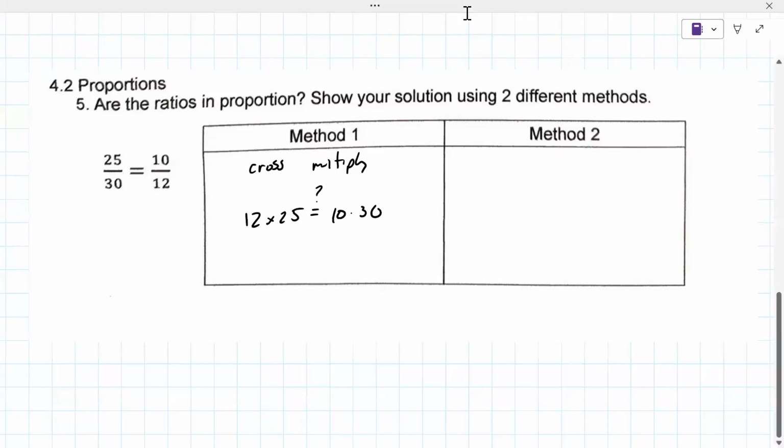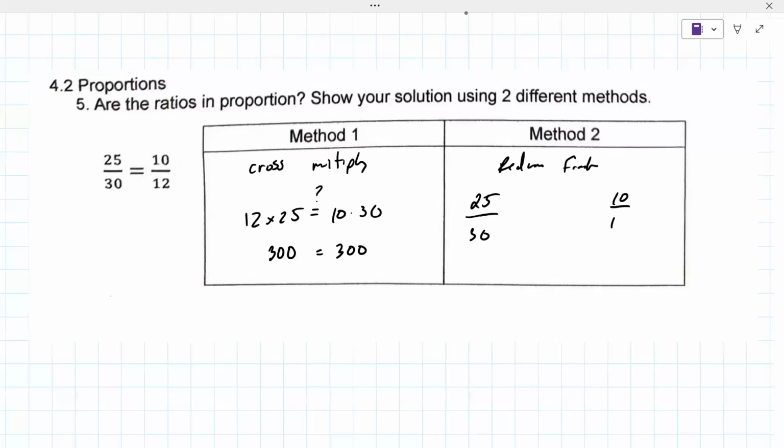So yes, it would work. Did you try method 2, reducing the fractions? Not yet. Okay. Divide by 5, divide by 5.